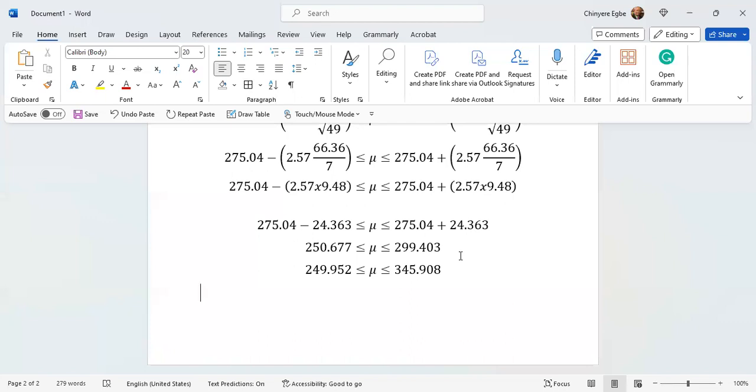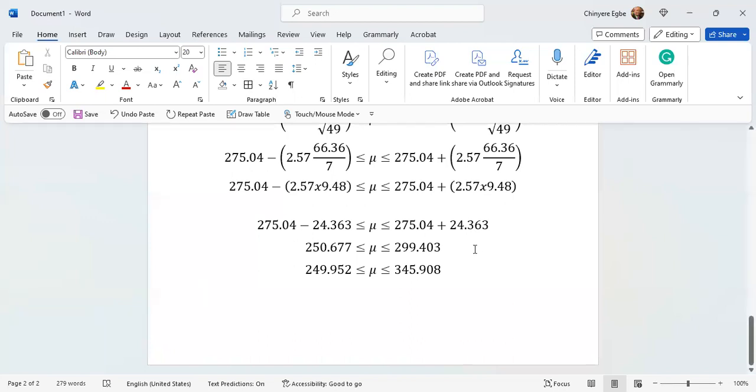So now this is how you look at it. You can see that for neighborhood 1, the average price per square foot is between $249 and $345. That simply means that the average price per square foot is anywhere within that range.